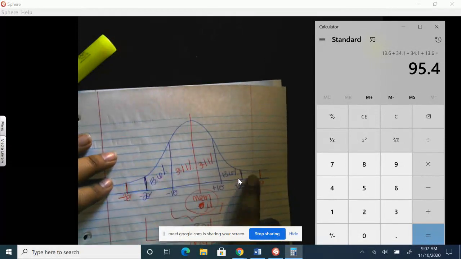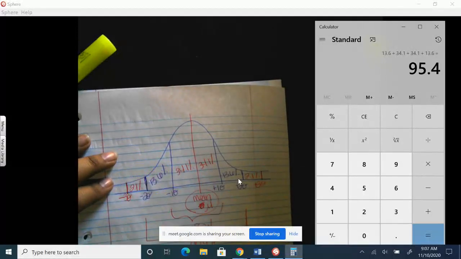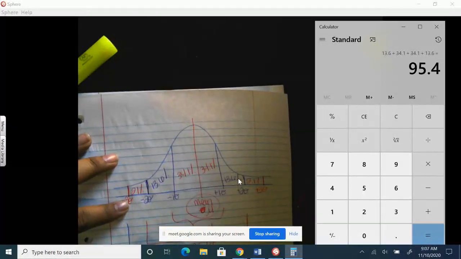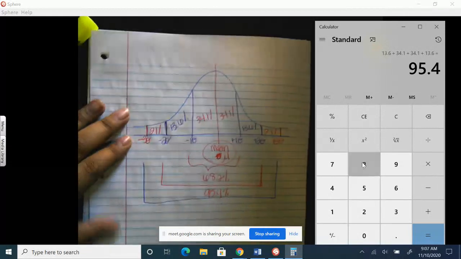This area represents 2.1% of the population. And then again, to the right, left, 2.1%. So now adding that to the total, we're going from here to here. Again, adding that up. Sorry, so you could see that.